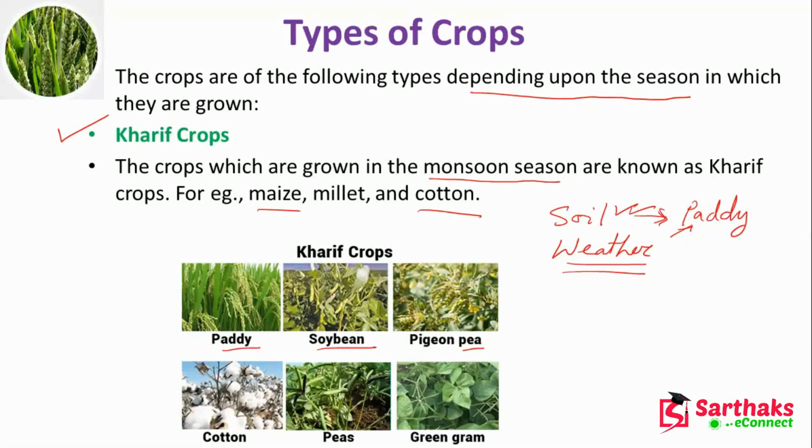You just think one thing: in the monsoon season, we will cultivate this type of kharif crops on a large scale, and after that we'll store it, right? Because in the other seasons, summer or winter, we may not be able to cultivate these kharif crops. So at that time we also require them.